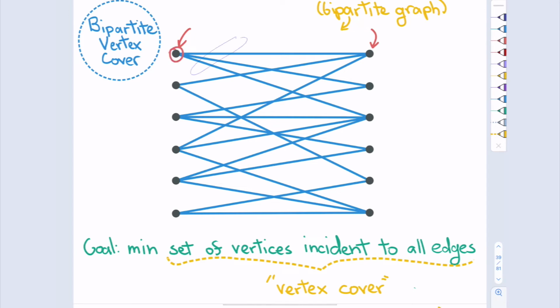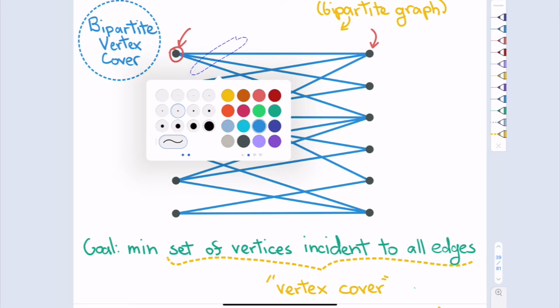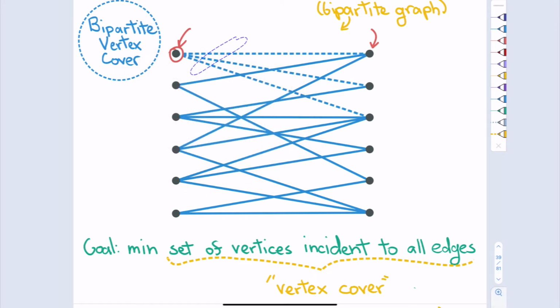Which at some level means I've covered these 3 edges. Okay. I'm assuming you still don't want to take the right one, so I'll advance to row 2 on the left. Should I take this one? Well, if we're not taking the top right, I do have to take it now because there's that one edge.